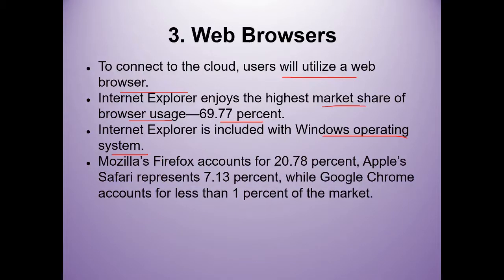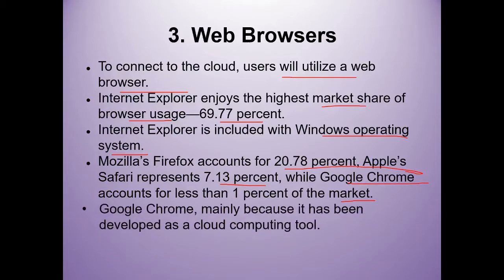Another browser is Mozilla Firefox, which accounts for 20.78%. Apple Safari represents 7.13%, while Google Chrome accounts for less than 1% of the market. Google Chrome is mainly used because it has been developed as a cloud computing tool.